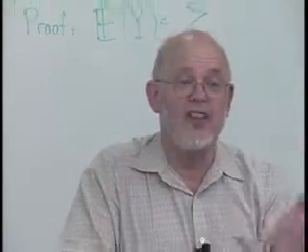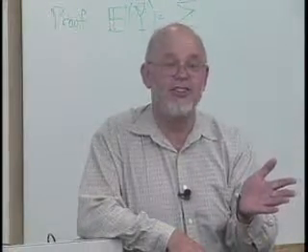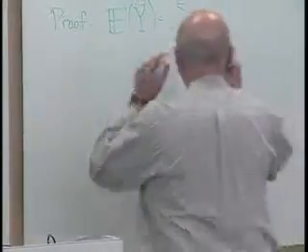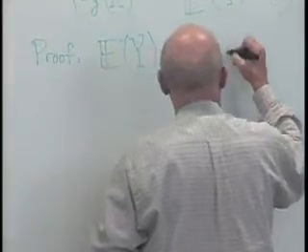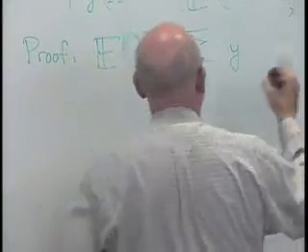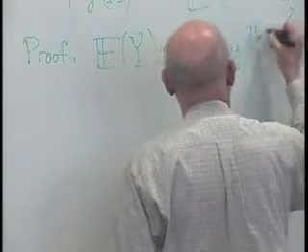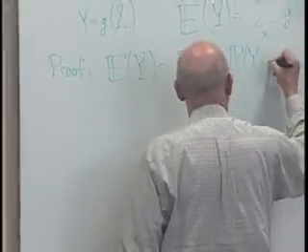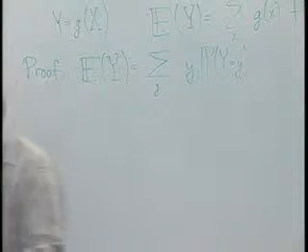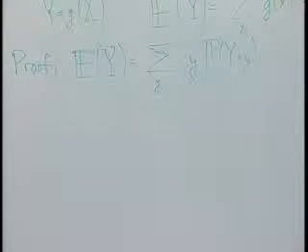Those will only be positive values if y is the square of x. And what we're supposed to do in each case is to take the appropriate value of y and weight it by the probability that the random variable y achieves that value. So far, so good?